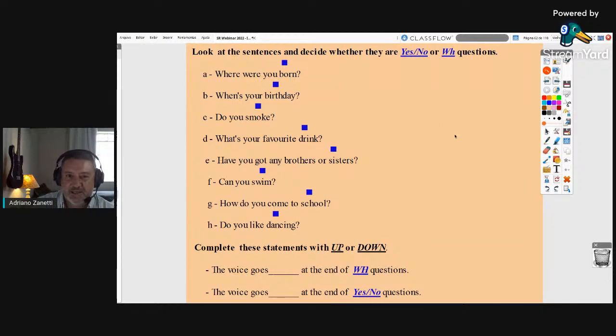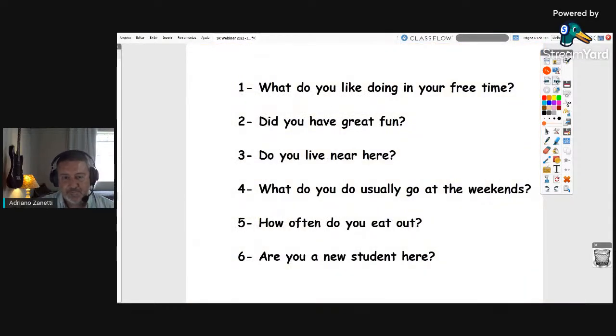So here we are dealing with grammar again. If the answer is yes or no, your voice goes up. If the answer is open, your voice goes down. That's plain, simple grammatical rules influencing pronunciation and vice versa.